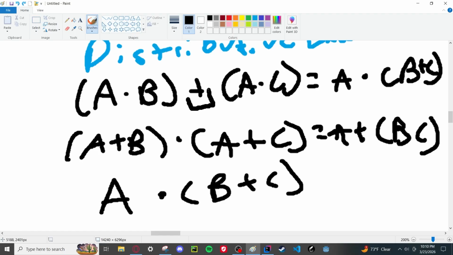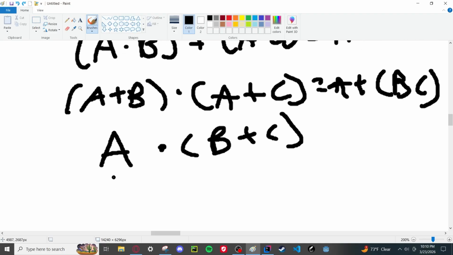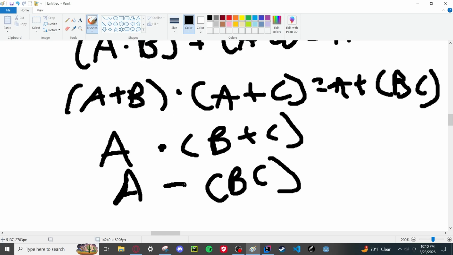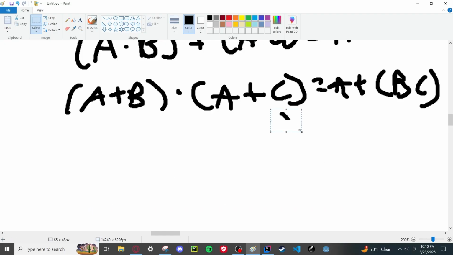Then I see the middle operator is a plus, so I'll do B plus C, and the opposite of that is going to be an AND. Opposite, I guess, or kind of is an AND. You can look at it like that. Same thing here. A plus B times A plus C, I see A is in common. I see that the middle operator is a multiply, so I'm just going to multiply them together. Opposite of that is an add, and that's how you get that. That's how I look at it. Luckily, I'm not good with distributing stuff.